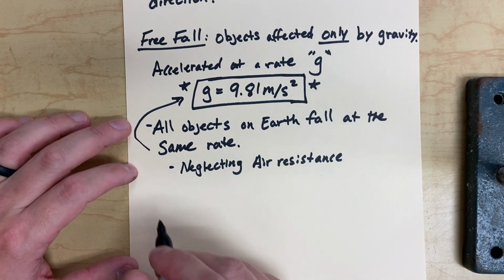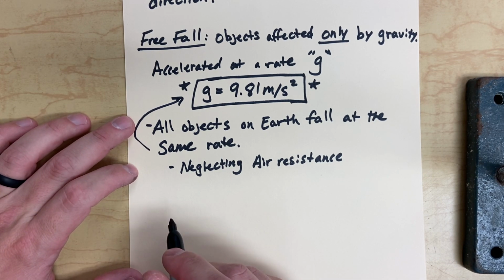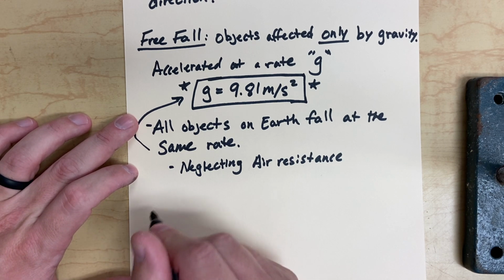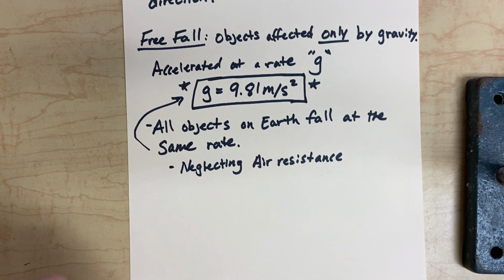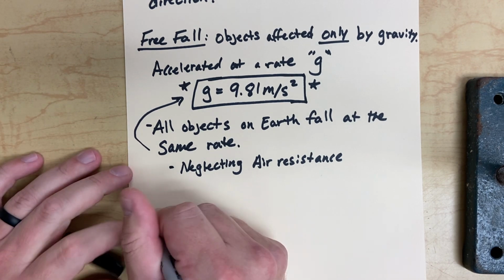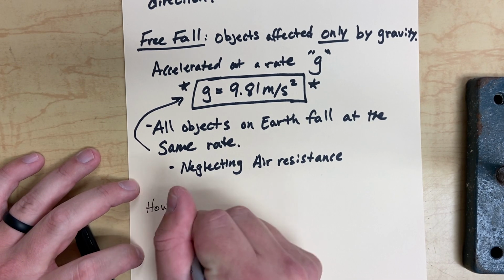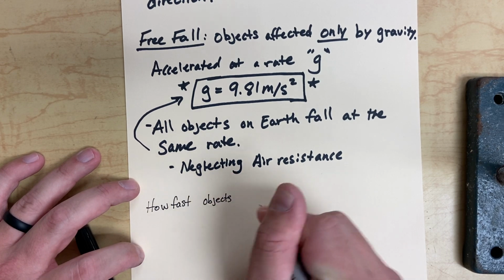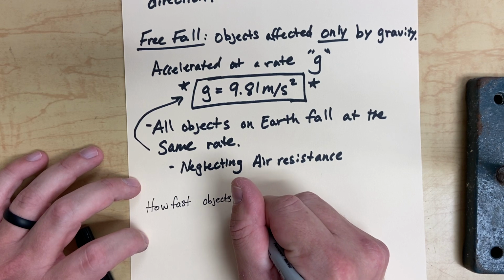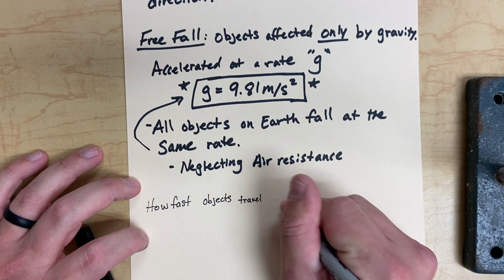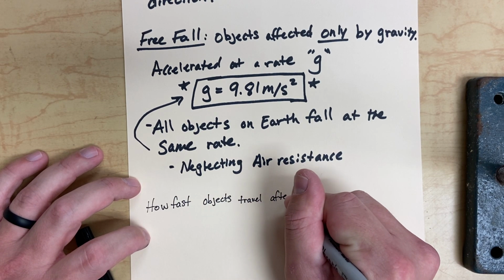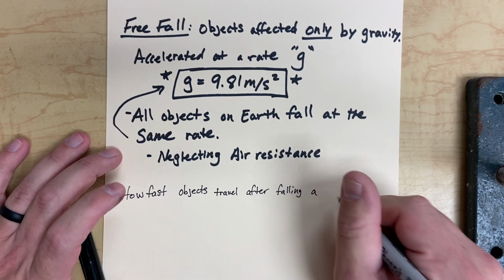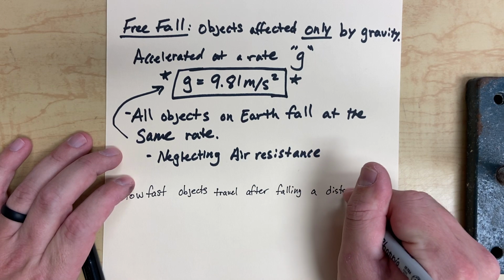All right, so now we need to look at how to find how fast an object is traveling after falling a distance. So I'm gonna write in a smaller pen again, to find how fast objects travel after falling a distance.